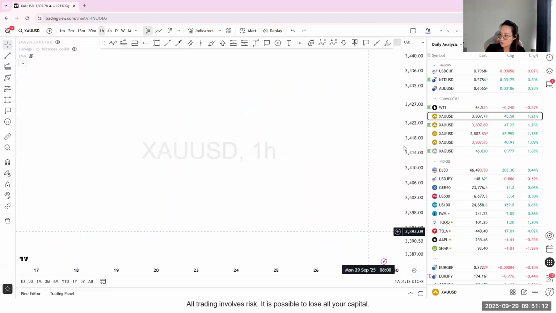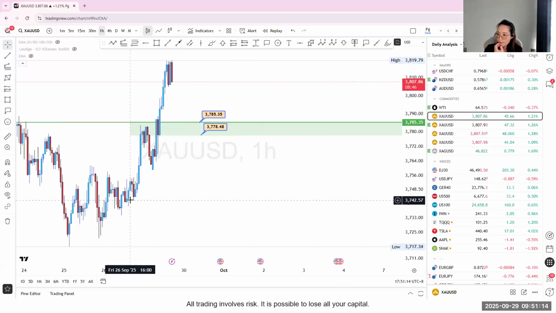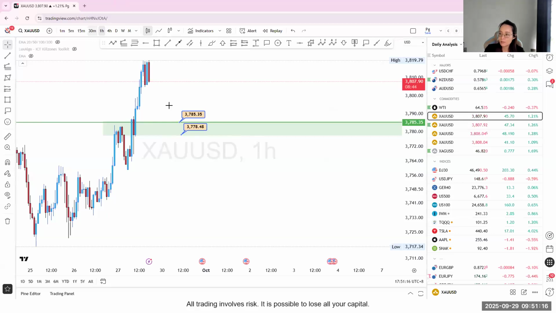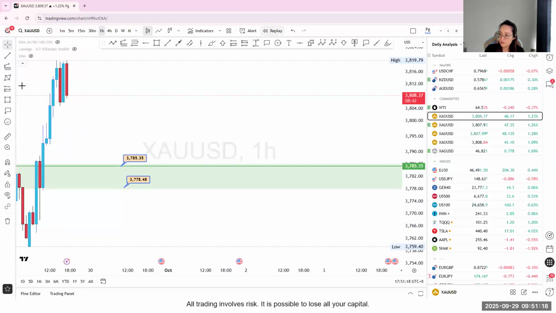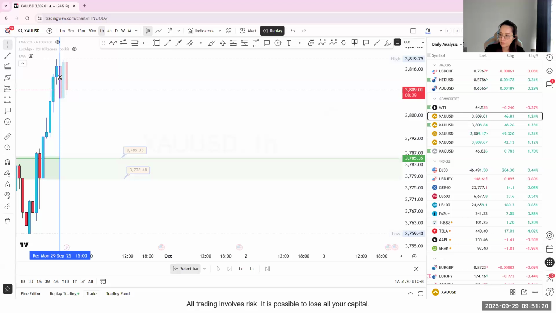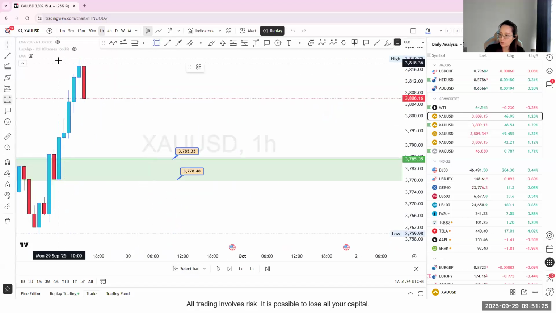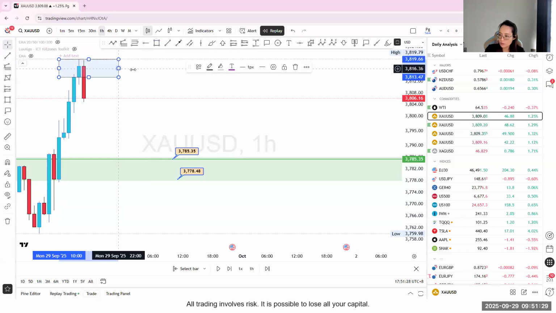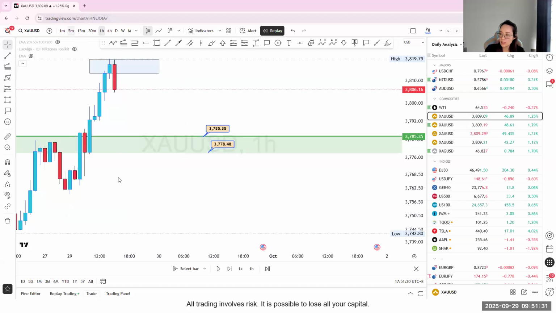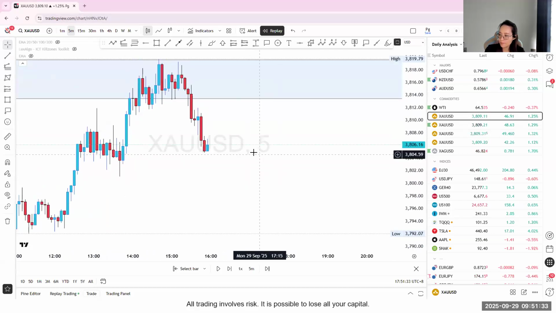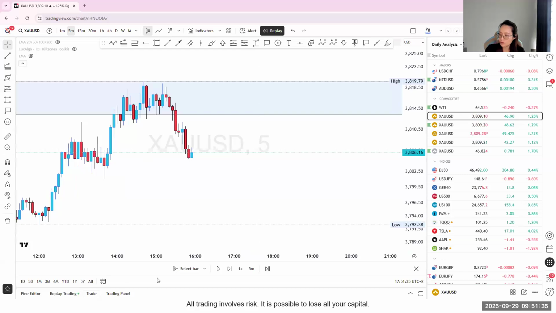Before this, we sell, let's say here. H1, closing with a bearish engulfing candle. So this is the zone we want to sell. In the lower time frame, I'm gonna wait for price to pull back to the zone and then sell.